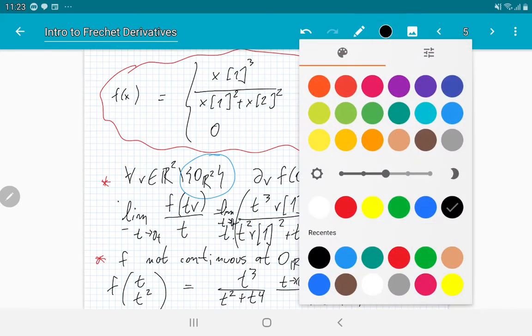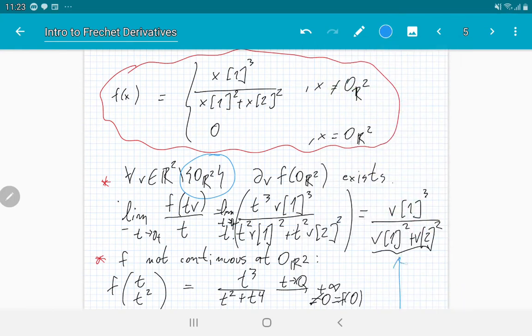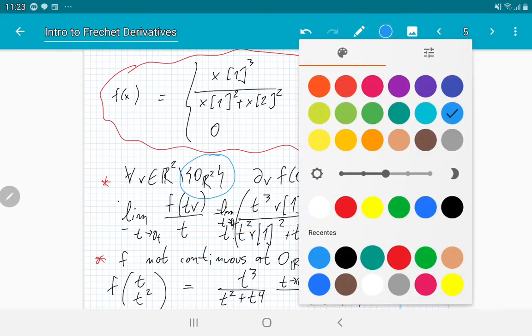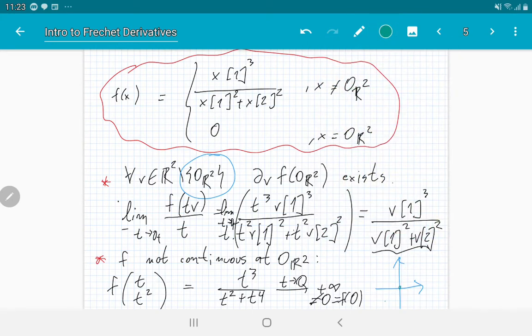So what is going on here? Well, if we look at the plane and we look at what's happening with this function, here's what I've just shown you. I've shown you that if you look at straight lines and you converge to 0 along these straight lines, then f is very nicely behaved. Not only is it continuous, but it's also differentiable along these straight lines. However, there's this curve here, which is t, t squared.